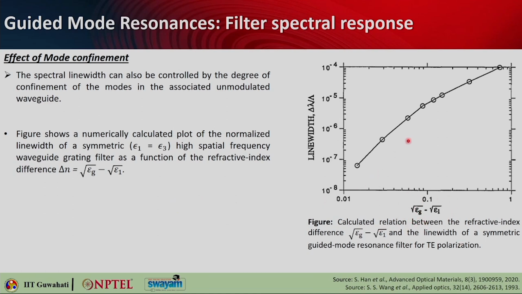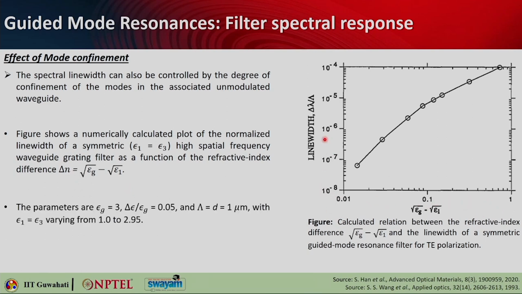This figure shows the numerically calculated plot of normalized line width. Here you are taking a symmetric case, but you are considering the difference in refractive index as your x axis and you are varying the line width. You are varying the parameters from 1 to 2.95. This is the epsilon 1 that you are varying, and this is how you get this variation.